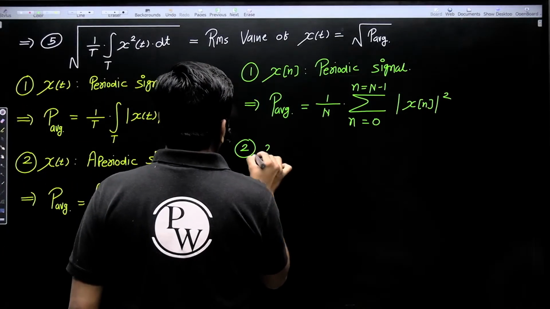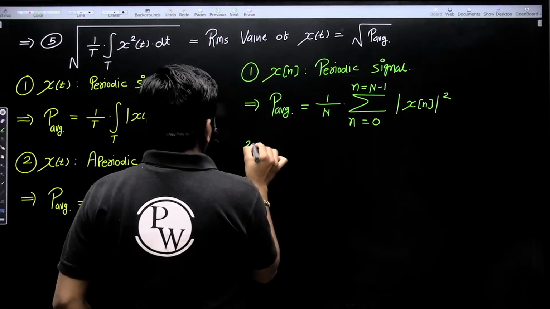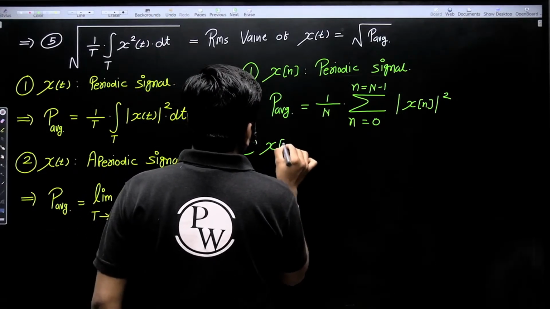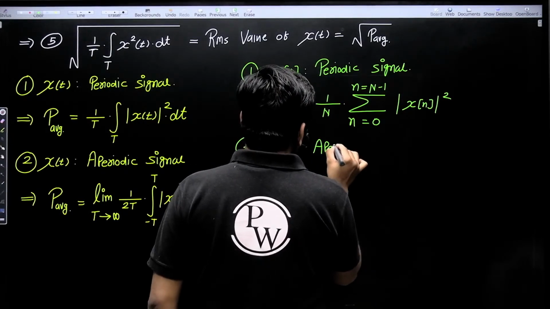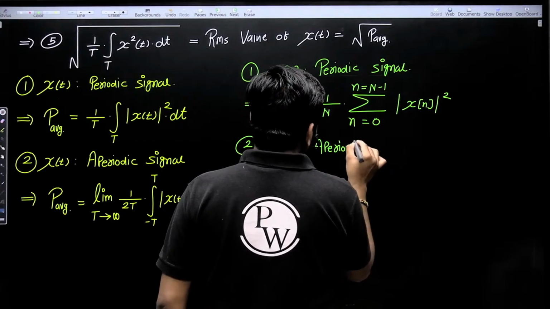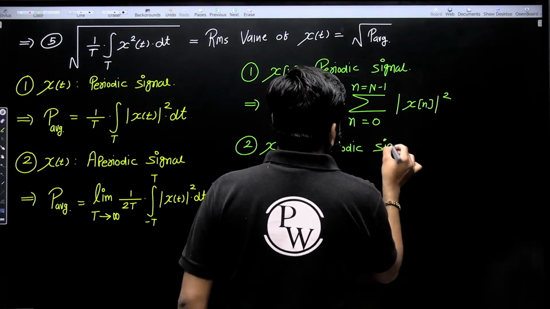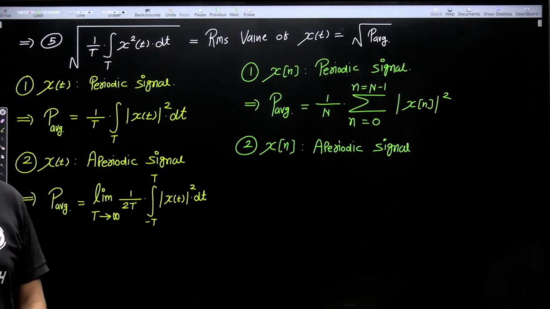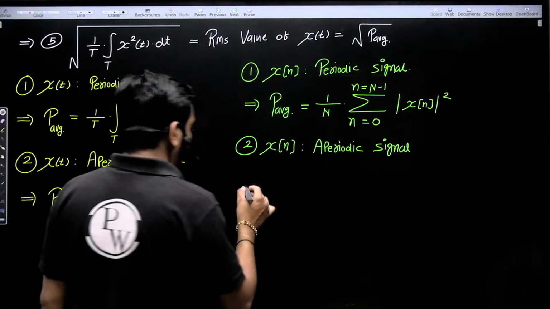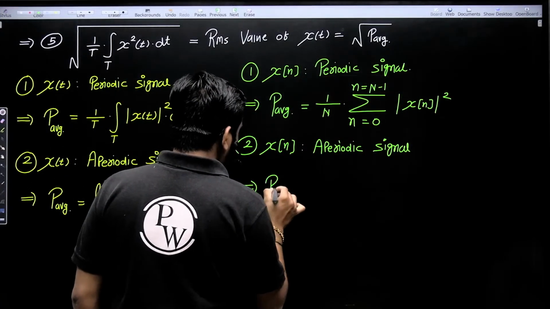Suppose x of n is an aperiodic signal. If it is aperiodic, then again the fundamental time period of an aperiodic signal is always infinite.